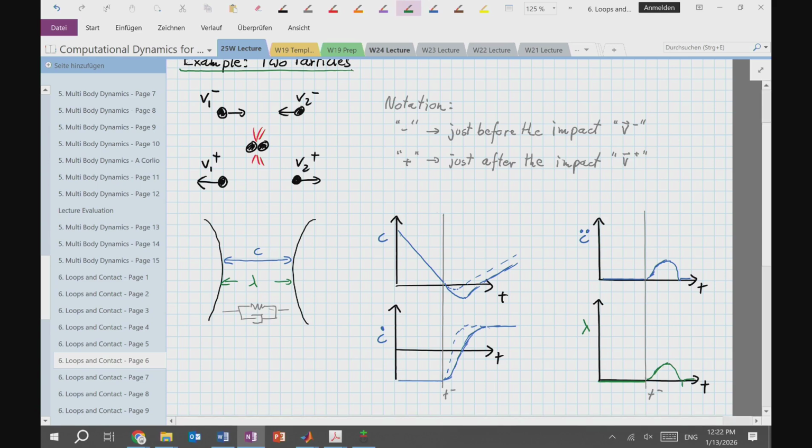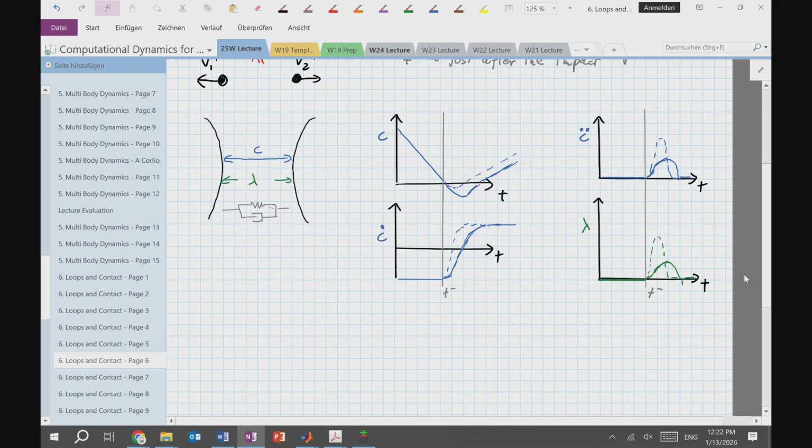And that, of course, means we need larger accelerations, and because everything is stiffer, we have larger forces, which are now acting over a shorter amount of time. So accelerations get larger, forces get larger.